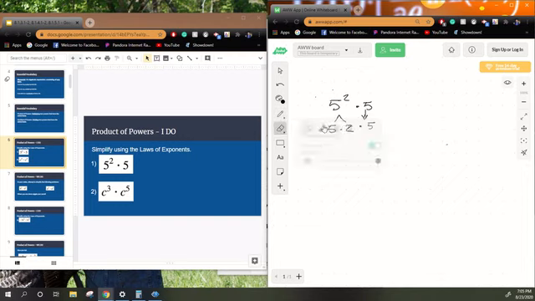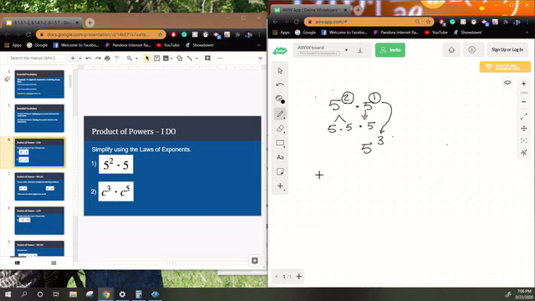I wrote a 2 there. I meant to write a 5 there. Whoops. Let's go ahead and erase that 2, make it a 5. So we really have 5 cubed, or 5 times 5 times 5. What we really did here was, if I give this an exponent of 1, because everything has an exponent of 1, I really took this 2, added that 1, and I got that 3.